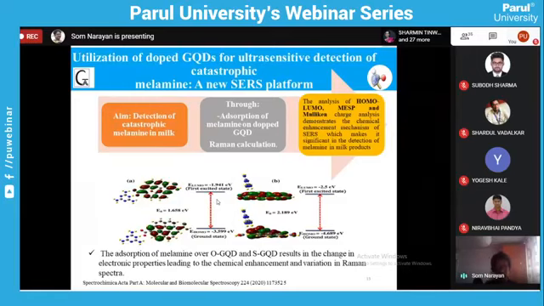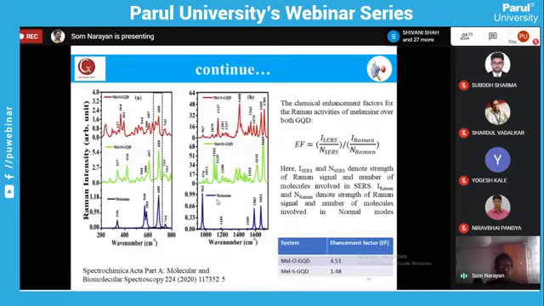The adsorption energy is found to be higher for the oxygen doped GQD as compared to the sulfur doped one. We can see over here that the melamine intensity increases as we go to the oxygen doped case. It has an enhancement factor of 4.51, whereas in the case of melamine with SGQD, there is also an increase in intensity, where the 1408 mode is enhanced as compared to the pristine one.